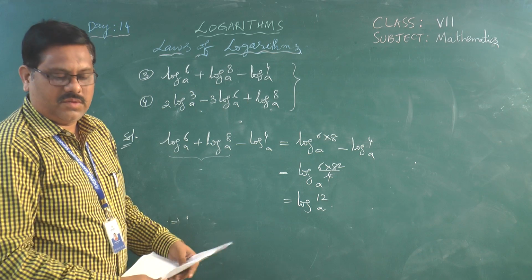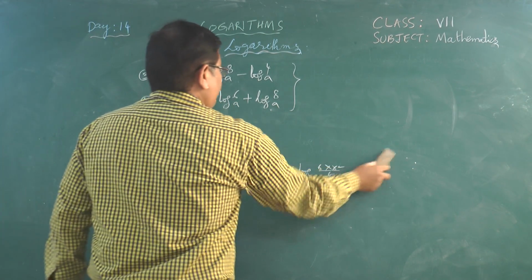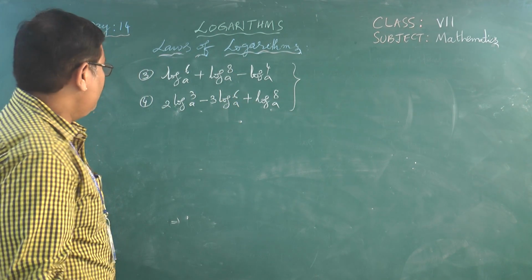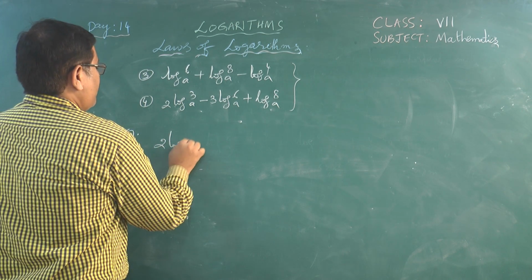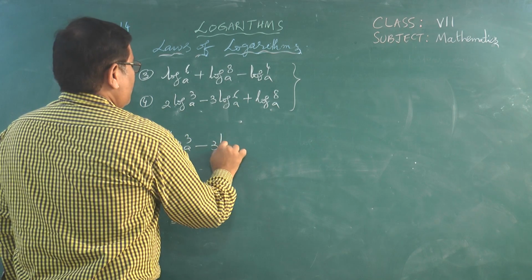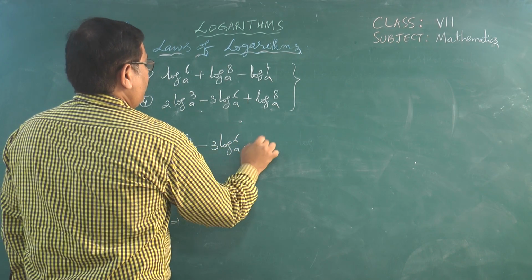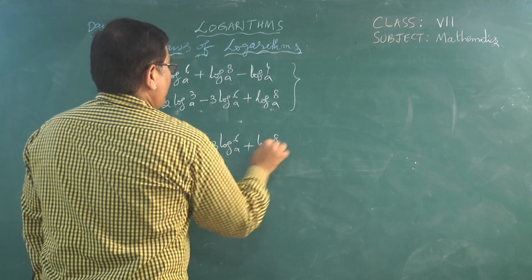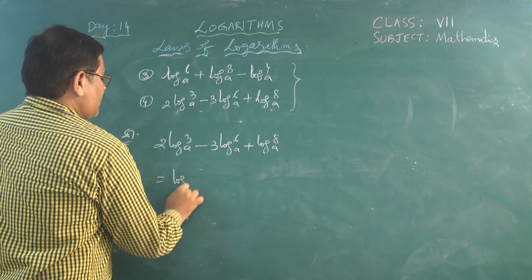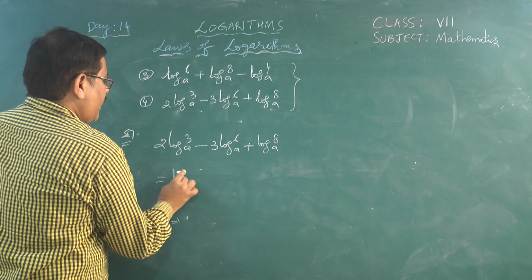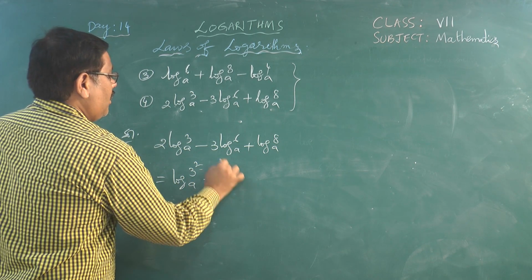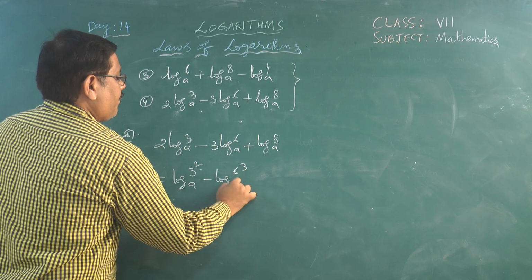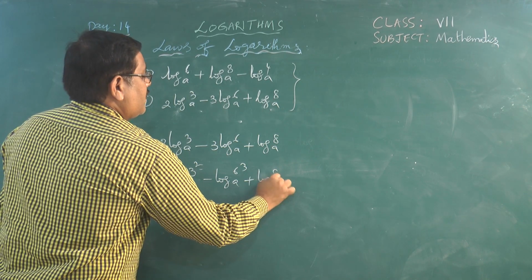Now we will move to the fourth question. Solution for the fourth question: 2 log 3 to the base a minus 3 log 6 to the base a plus log 8 to the base a is equal to, we can write it as log 3 square to the base a minus, here also, log 6 cube to the base a plus log 8 to the base a.